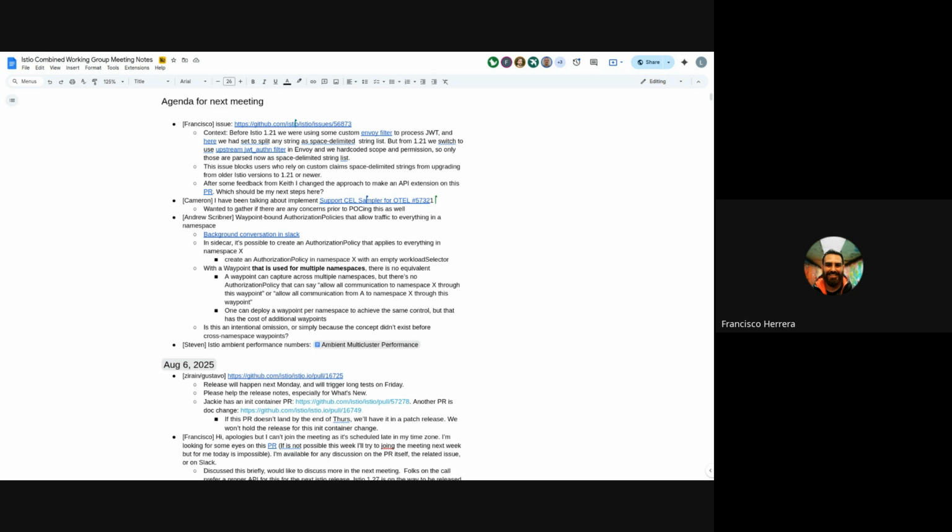So we have in the code directly only space delimited fields for scope and permissions, and every other field that we want to put there is not doing this split. I know that reopening this would be like going back to what we had before. But I think adding a field inside the request authentication is good, because we can default those two, and if we want to add a new custom field, we can add it under this new field in the API.